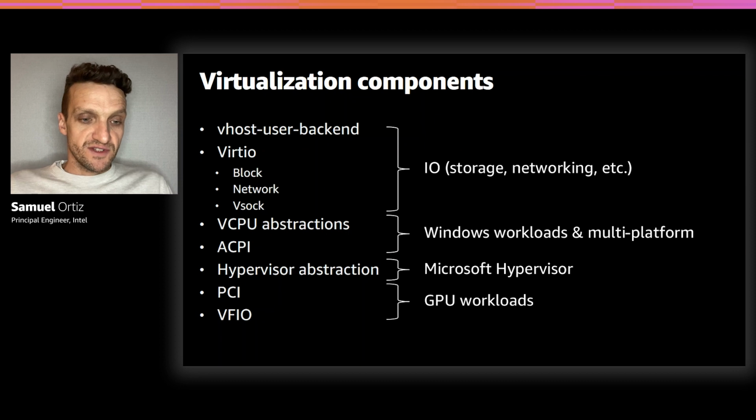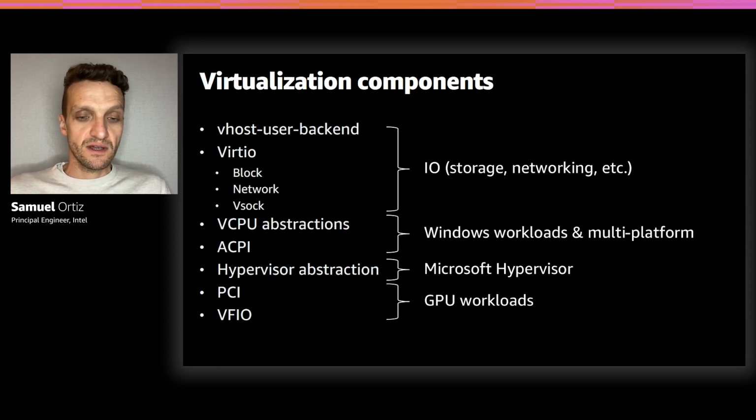Another interesting thing that we want to contribute to Rust-vmm is a hypervisor abstraction crate. Right now, Rust-vmm is very much centered around KVM. But in the future, we want to support Microsoft hypervisor and potentially other hypervisors into Rust-vmm. So we want to abstract this into a specific crate, which is going to be the hypervisor crate.